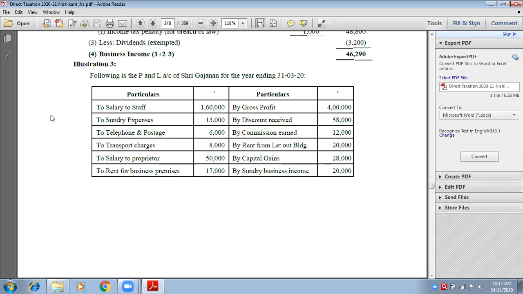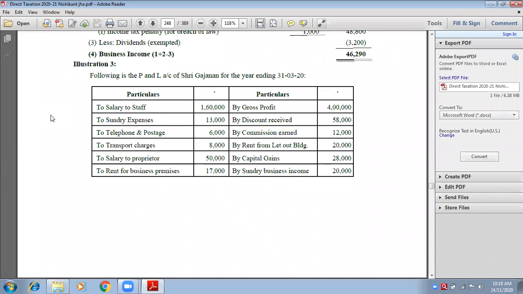Yes, individual, very good. And the previous year is 2019-20. Assessment year is 2020-21. Very good. And your PAN card number is nil. Very good. So write down computation of income from business.